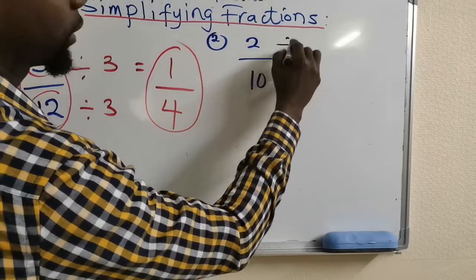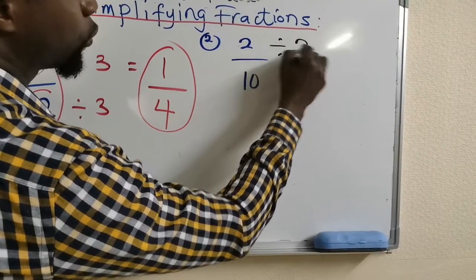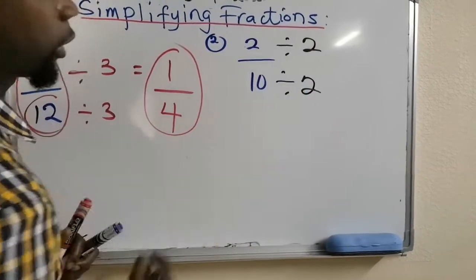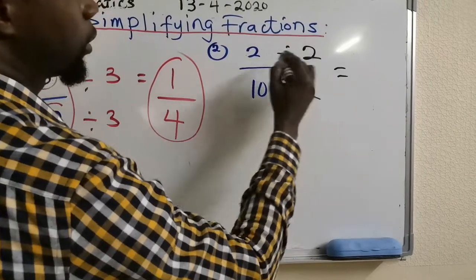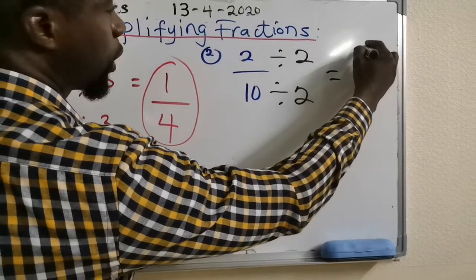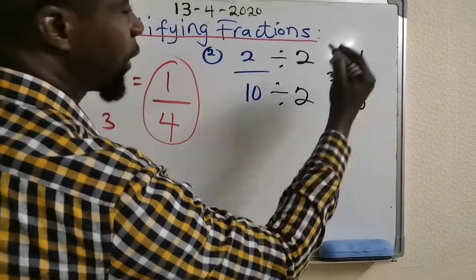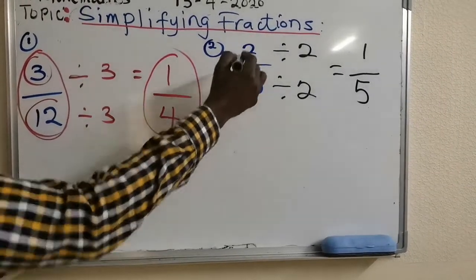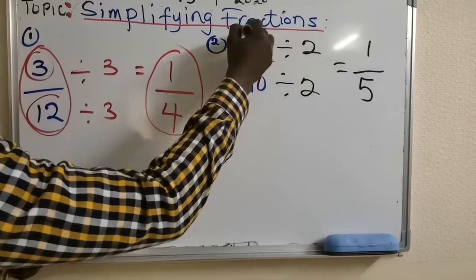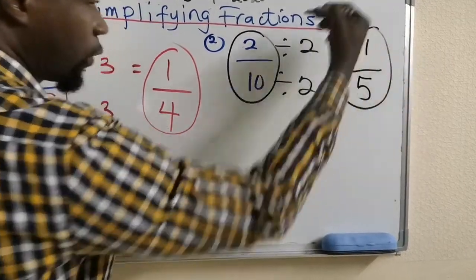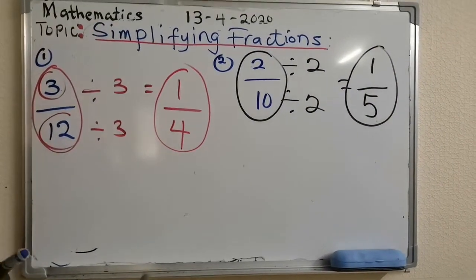Divide the numerator by 2 and the denominator by 2. 2 divided by 2 will give us 1, and 10 divided by 2 will give us 5. So 2 over 10, when you simplify, will give us 1 over 5.